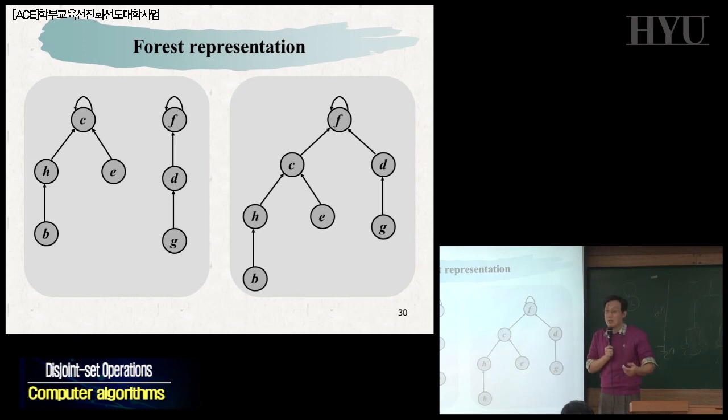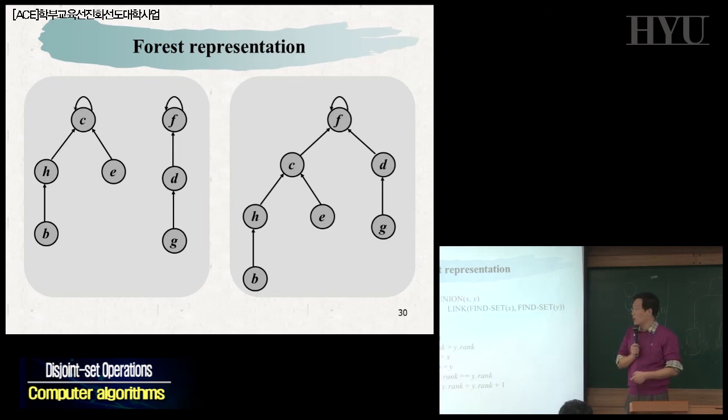But in the linked list representation, find set takes constant time and union takes longer, okay? So this representation makes the find set slow.